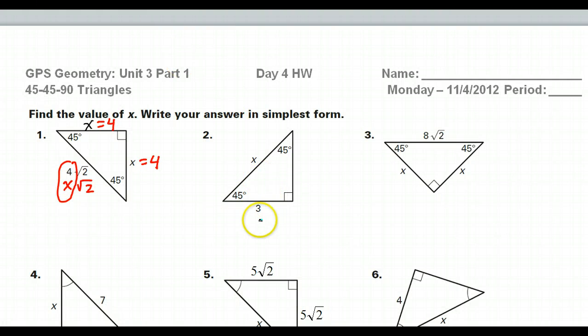So this is like n, and n radical 2, right? But n is 3. So this should be 3 radical 2. So that's going to be 3. If the leg is 3, this is 3, then this will be 3 radical 2. Leg, radical 2.